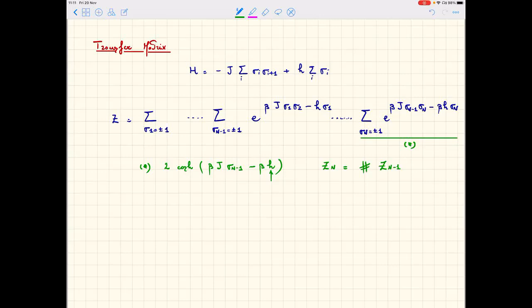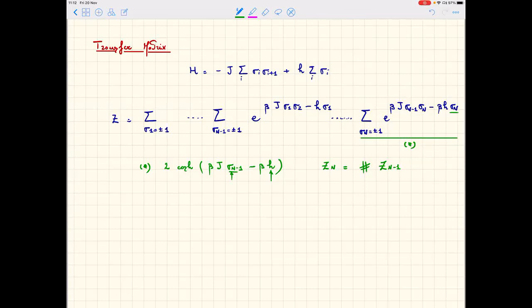This is not true anymore. Why? Because after performing the summation over sigma n, the variable sigma n minus 1 remains in this expression, and therefore when I perform the summation over sigma n minus 1, I will have to take this cosine hyperbolic into account.